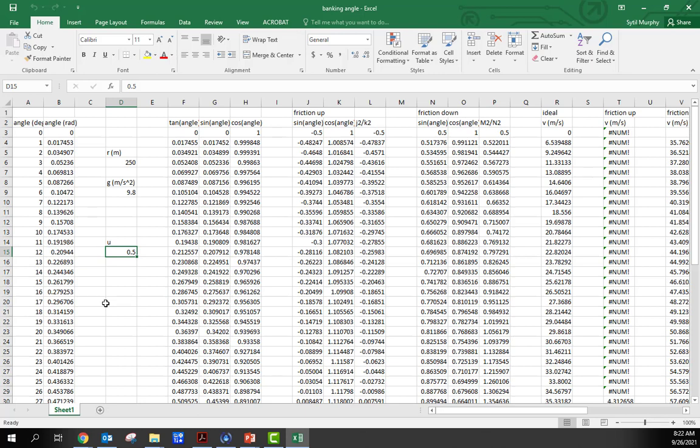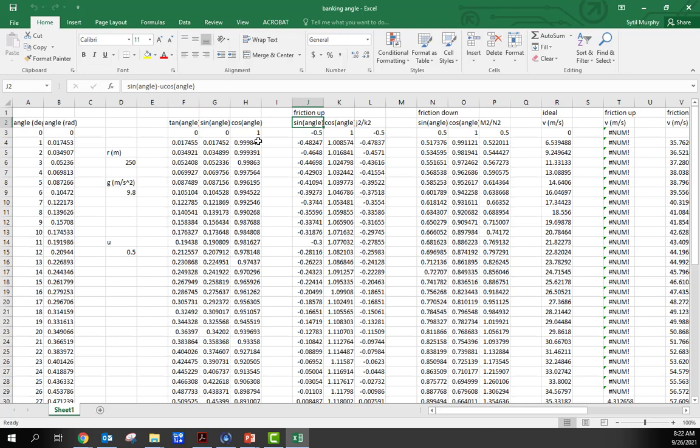I define a radius of 250 meters and a coefficient of friction of 0.5, which is reasonable for rubber on dry pavement from the table we had in the last unit. I then define the tangent of the angle, the sine of the angle, and the cosine of the angle.